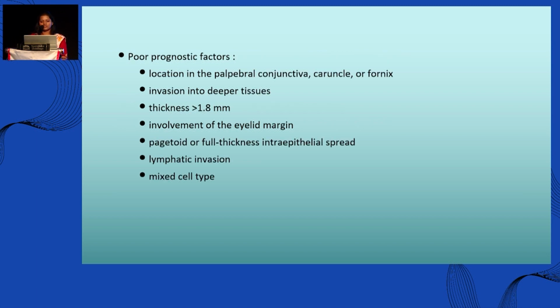Poor prognosis is associated with location in the palpebral conjunctiva, caruncle, or fornix, invasion into deeper tissues, thickness more than 1.8 millimeters, involvement of the eyelid margin, pagetoid or full thickness intraepithelial spread, lymphatic invasion, and histologically having mixed cell type.